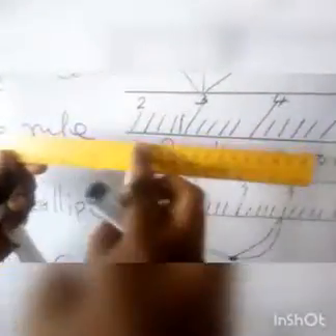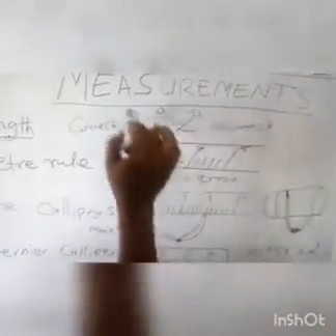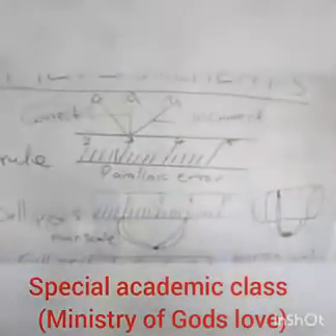If you want to use a meter rule, you look direct through these calibrations. If you measure from here, an error due to parallax occurs and the reading is incorrect.